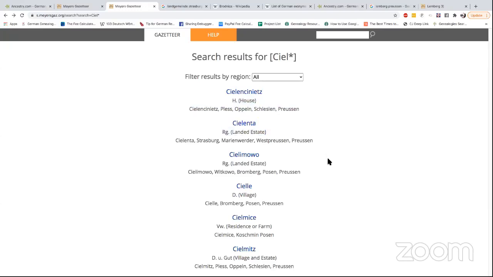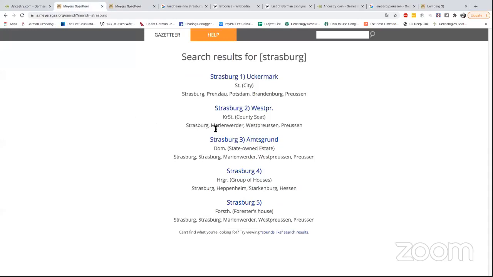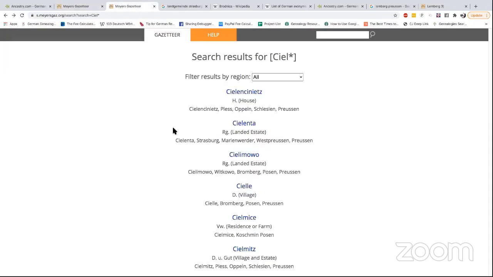Now, what I wanted to do here was look if any of these results were close to one of the Strasbourgs. So I go back here and I see Marienwerder, Westpreußen, Preußen, so West Prussia, Prussia, which matches up exactly with this. And that was the only match of those towns that matched up exactly.